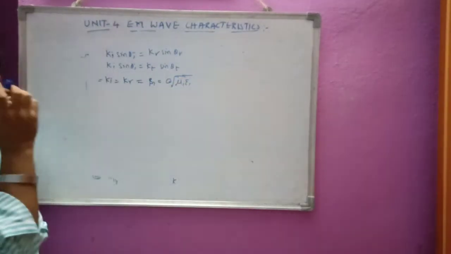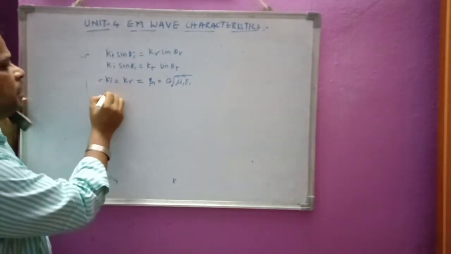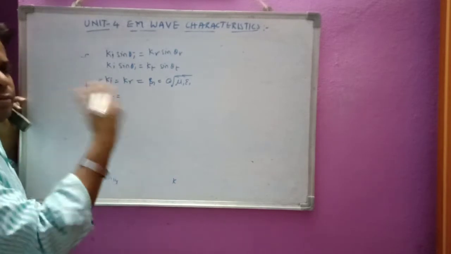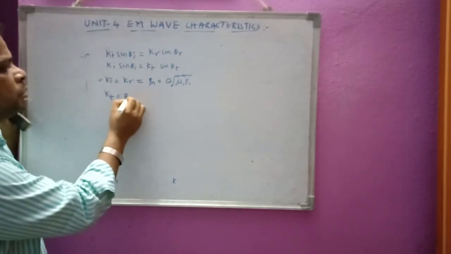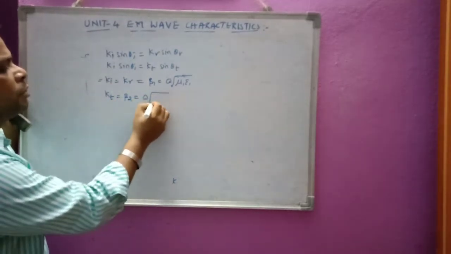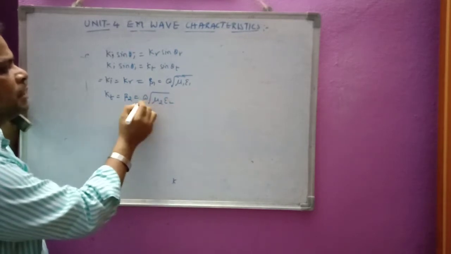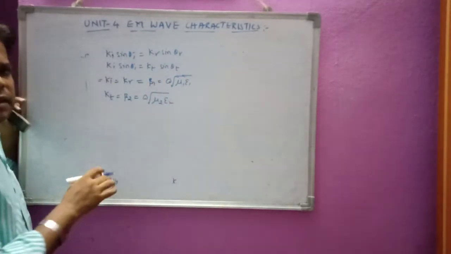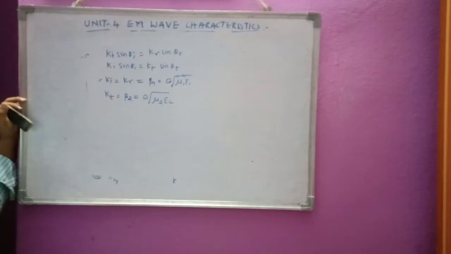Similarly kt is in medium 2, so I can write beta 2 equal to omega square root of mu 2 epsilon 2. Here you can see omega is not going to change, whether it is medium 1 or medium 2, it has no effect on the angular frequency.